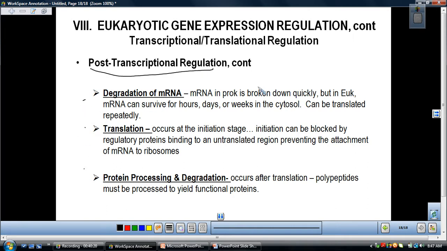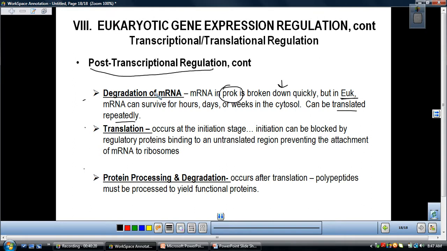What they say is, I say they because I'm not this expert scientist, but basically in prokaryotic organisms, after mRNA is transcribed and it goes to translation, it's broken down very quickly. But in eukaryotic organisms, it can survive for hours, days, weeks, and sometimes longer than that, especially in the case of hemoglobin, and then it can be translated over and over and over again.